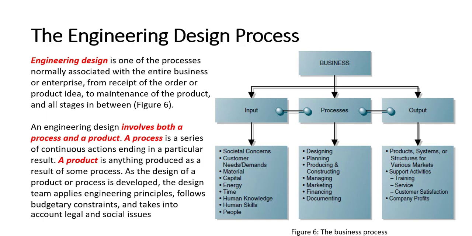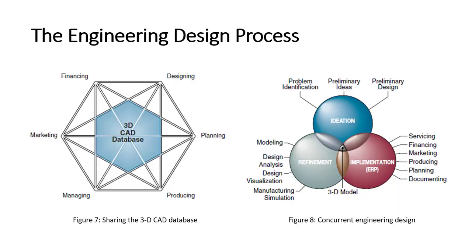As a product, geometric modeling is a result of the engineering design process. Figure 7 and Figure 8 represent the concurrent approach to engineering design based on 3D modeling. The three intersecting circles represent the concurrent nature of the design approach.